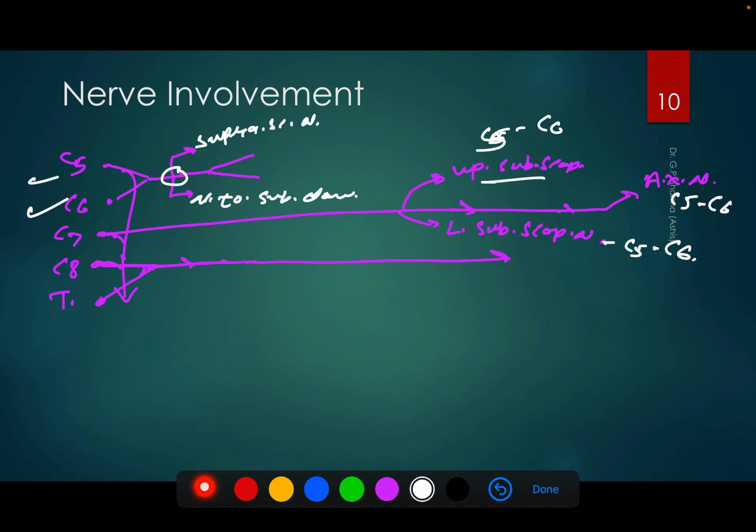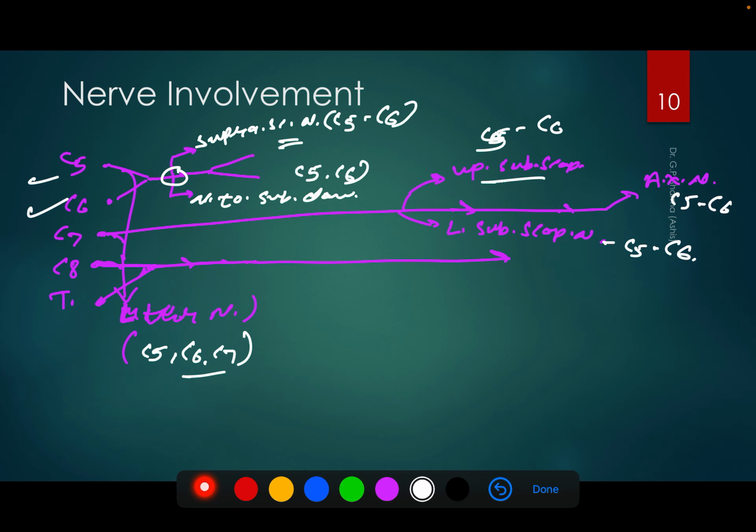Okay, and here this one I draw over here. This is my musculocutaneous nerve. This is the long thoracic nerve. This long thoracic nerve root value is C5, C6 and C7, right? And here my suprascapular nerve root value is C5 C6, and the nerve to subclavius is also C5 C6, right?